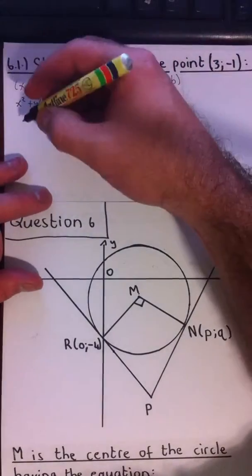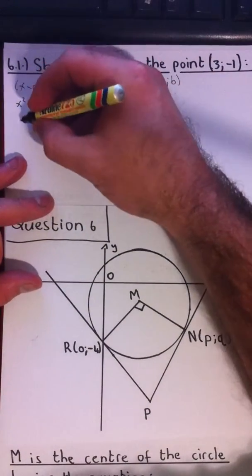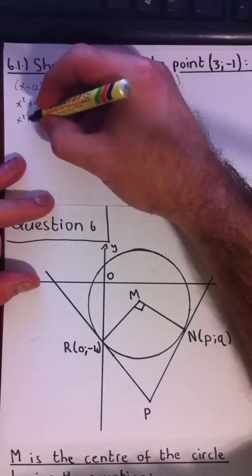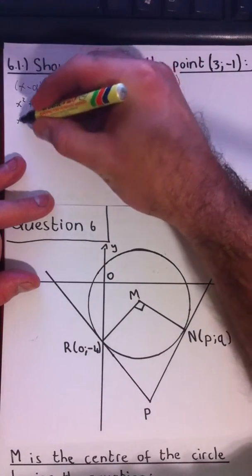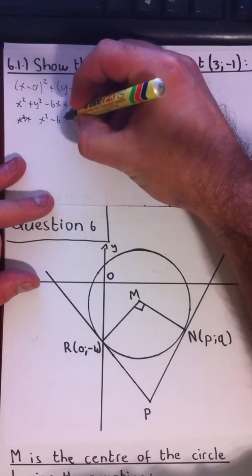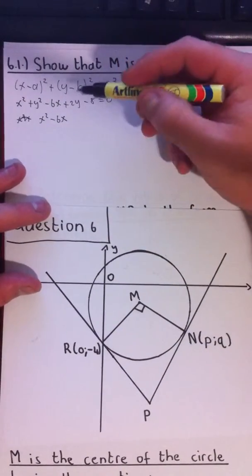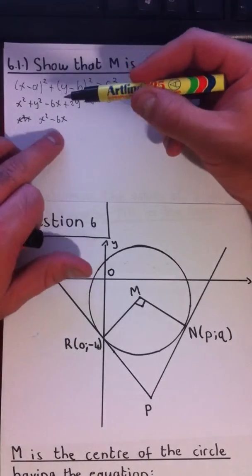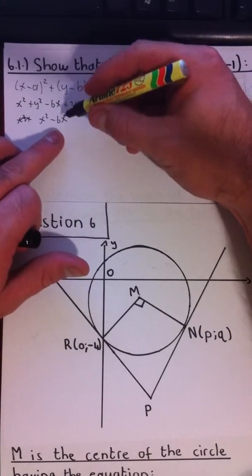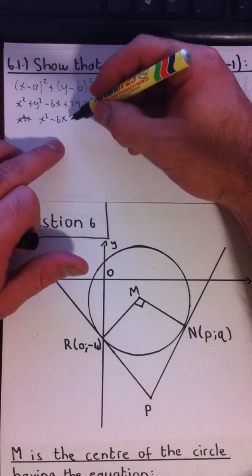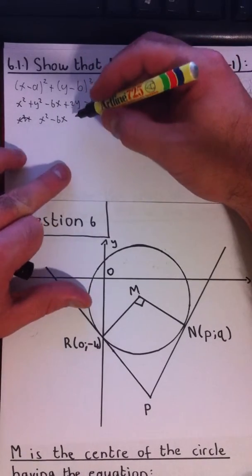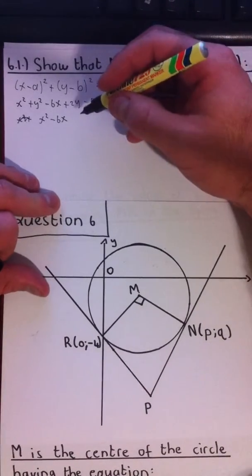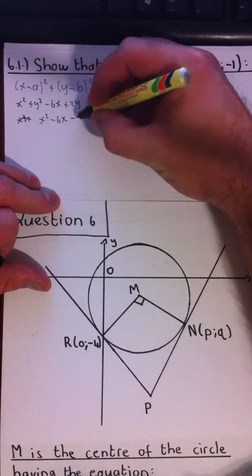So for the x values, we will have x squared minus 6x, and now what value will we use to complete the square here? Well, for negative 6x, we'll say b over 2, so negative 6 over 2 squared. Negative 6 over 2 is negative 3, squared gives us 9.